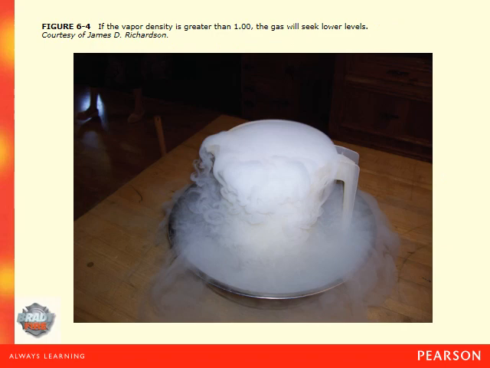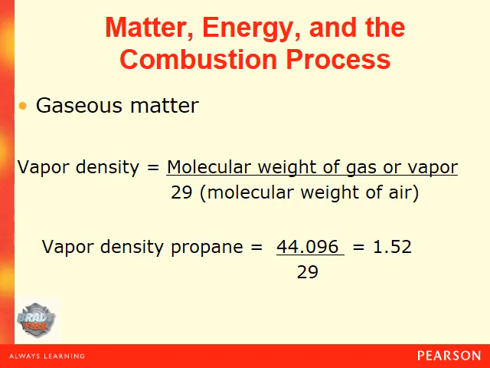If the vapor density is greater than 1, meaning air, the gas will sink to lower levels, as illustrated here. If it is less than 1, then it will rise up to the atmosphere. So here's the lovely mathematical formula on how they get that vapor density.